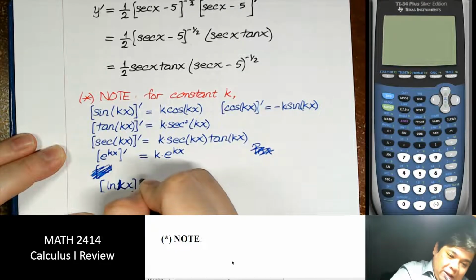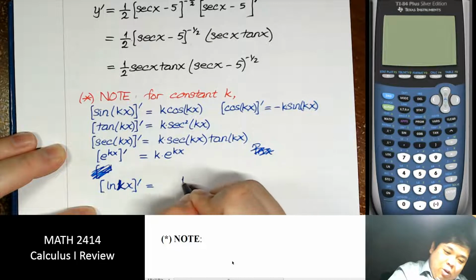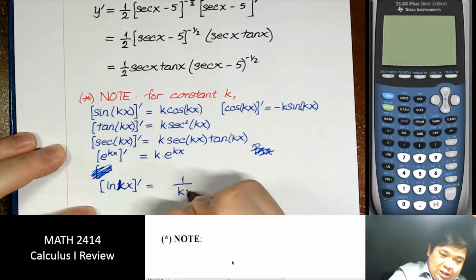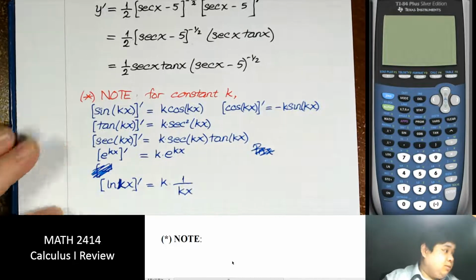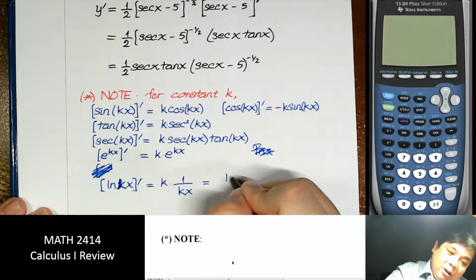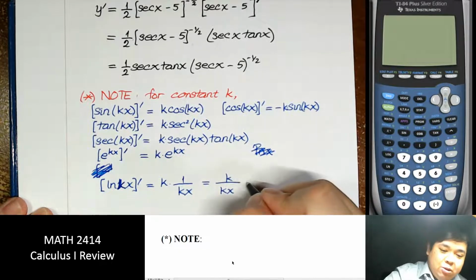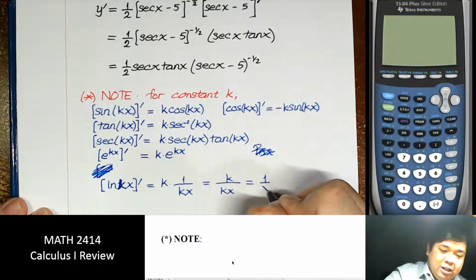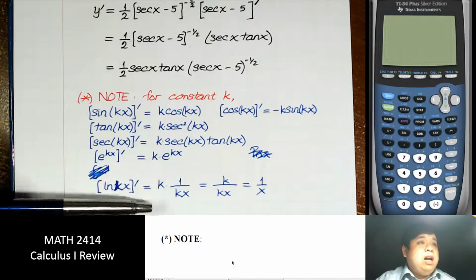Right. Derivative of ln of kx is going to be 1 over kx, and then we multiply by k, of course. So we have k over kx, and the k and the k cancel, which is 1 over x.